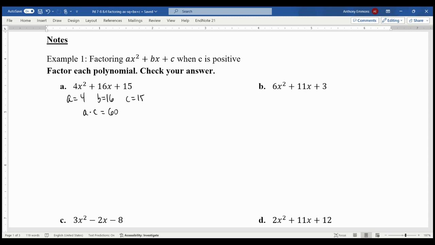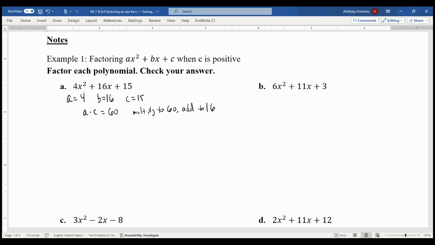Now you need to figure out two numbers that multiply to 60, yes 4 and 15, but likely other numbers multiply to 60 but also add to 16. So thinking about that, I guess I have to go with either 10 and 6 or 6 and 10.